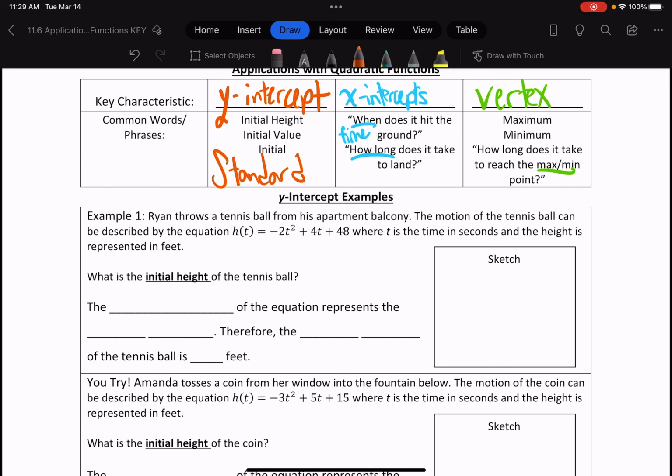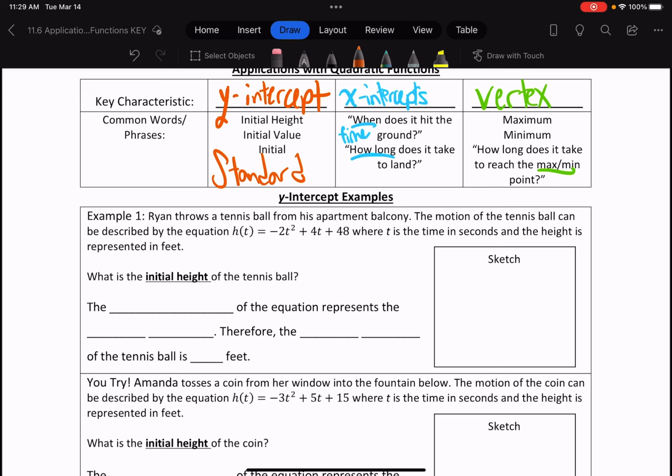Example 1 says, Ryan throws a tennis ball from his apartment balcony. The motion of the tennis ball can be described by the equation h of t equals negative 2t squared plus 4t plus 48, where t is the time in seconds and the height is represented in feet. What is the initial height of the tennis ball? I need to know, first off, where am I at, and what am I trying to look at?